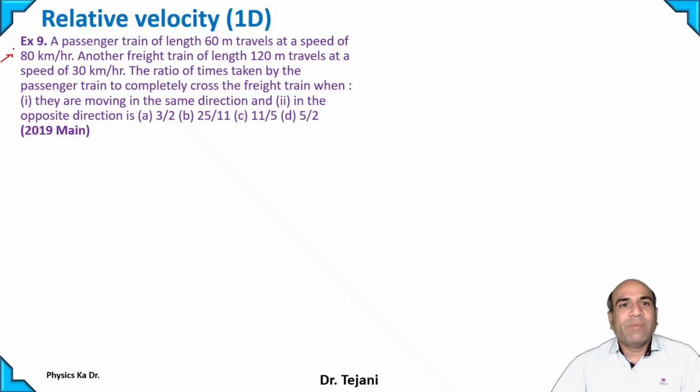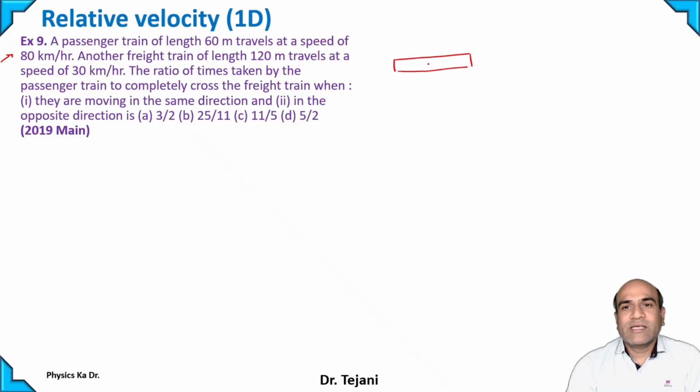A passenger train of length 60 meter travels, so a passenger train is given, say for example train A, and the length is given as 60 meter. It travels at a velocity VA equal to 80 kilometer per hour.